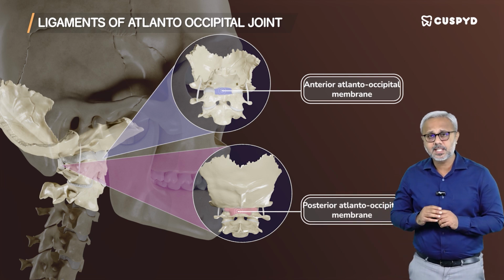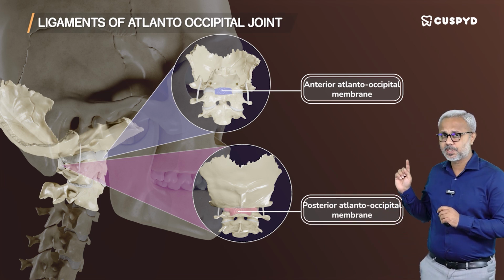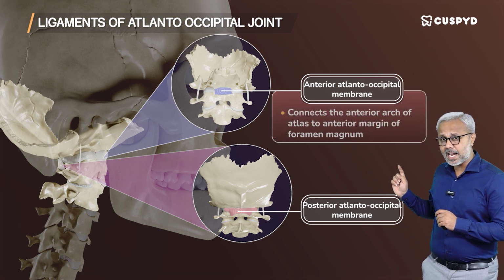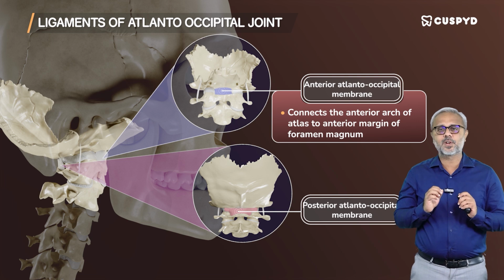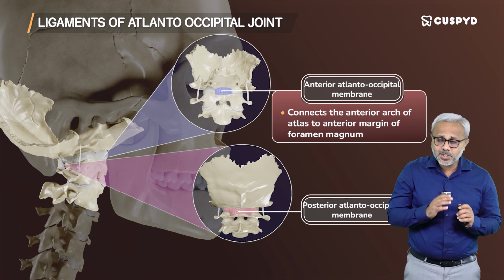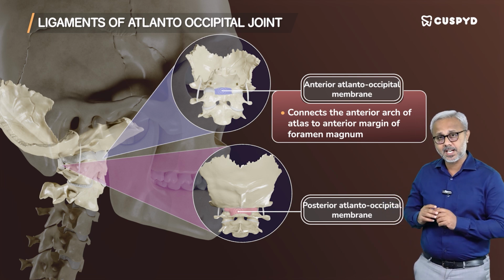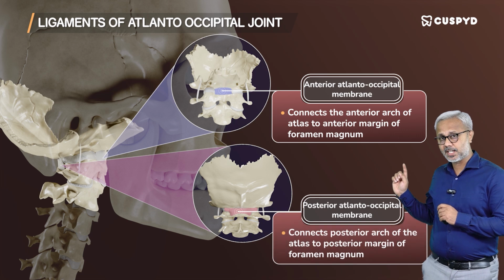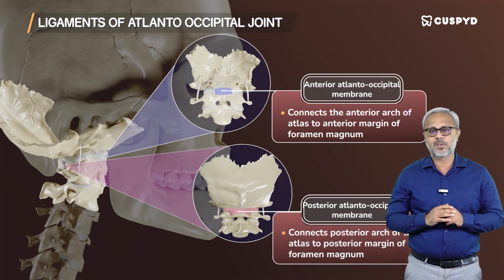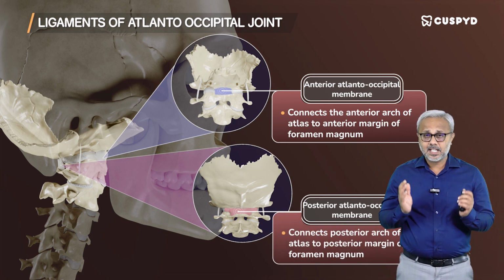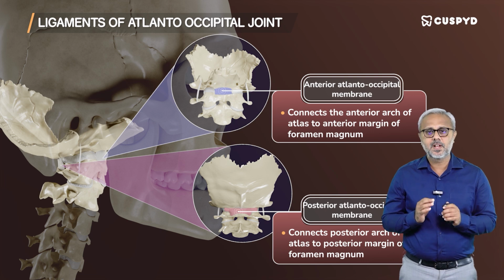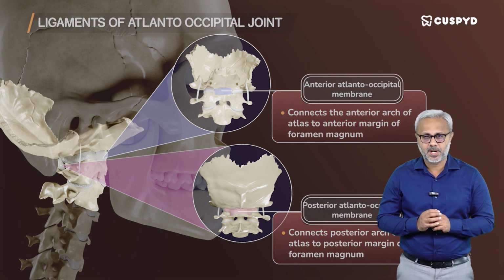As the name suggests, the anterior Atlanto-Occipital membrane connects the anterior arch of the atlas to the anterior margin of the foramen magnum. The posterior Atlanto-Occipital membrane connects the posterior arch of the atlas to the posterior margin of the foramen magnum. This completes the ligaments of the Atlanto-Occipital joint.